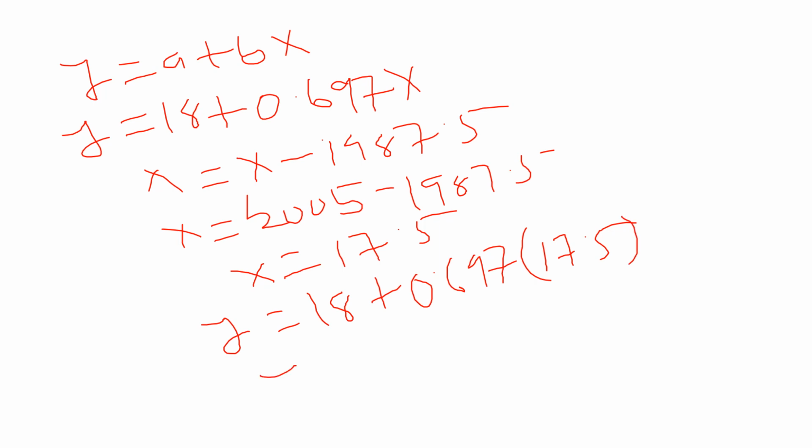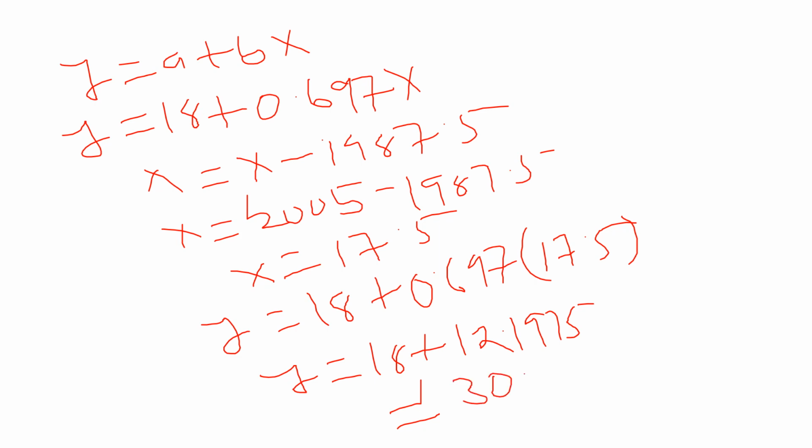So our new y is equivalent to 18 plus 12.1975, and if you add now, you get the profit in 2005 was equivalent to 30.1975. So that is how we can use the least square method to approximate the values of the profit in future trades.